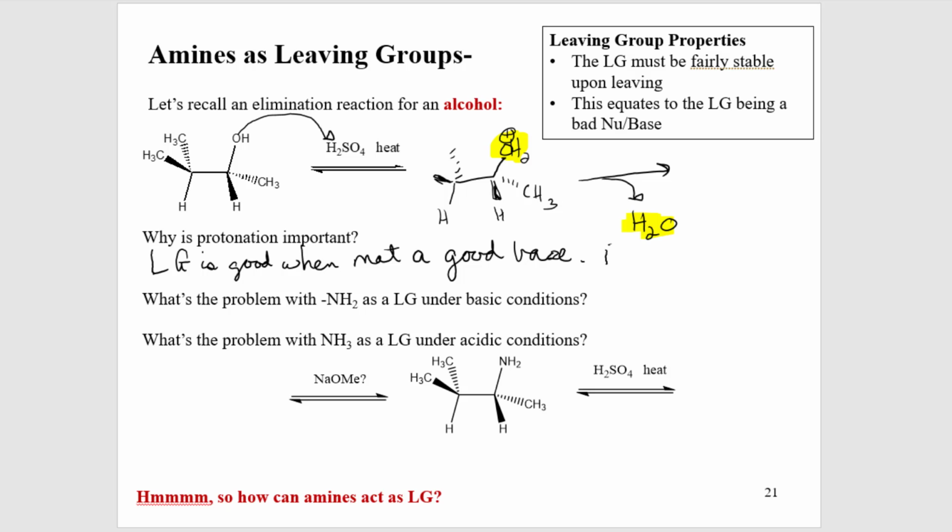Think about chlorine minus, bromine minus, iodine minus. Chlorine minus, bromine minus, these are great leaving groups. Why? Because when they leave as a negative charge species, they are perfectly stable with their negative charge. They are also not very basic.